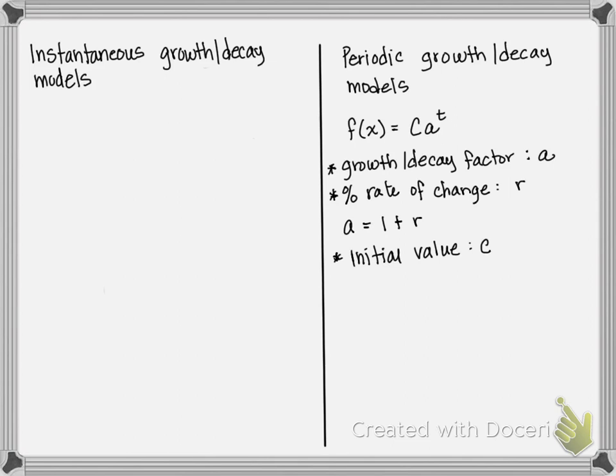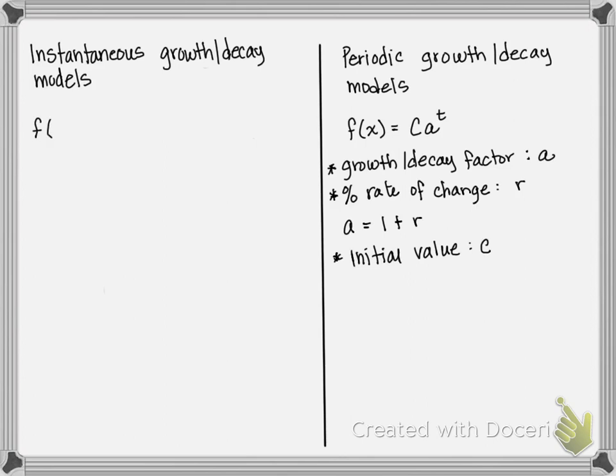So if we take that down to smaller and smaller intervals, then we end up with this instantaneous growth or decay model, which just accurately reflects the fact that these things are changing gradually, not in specified intervals.